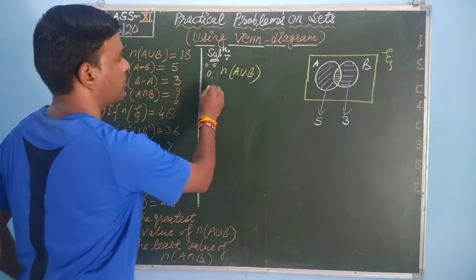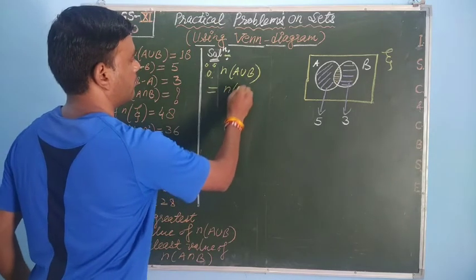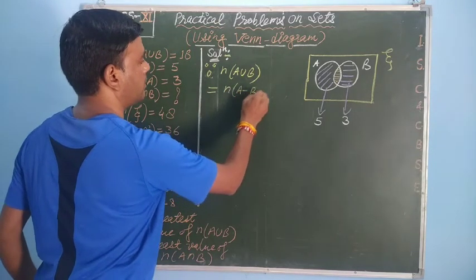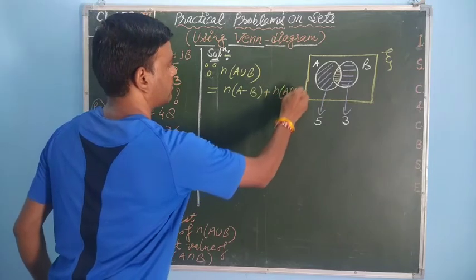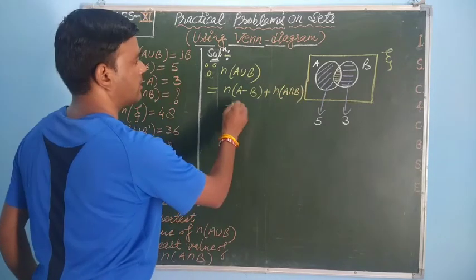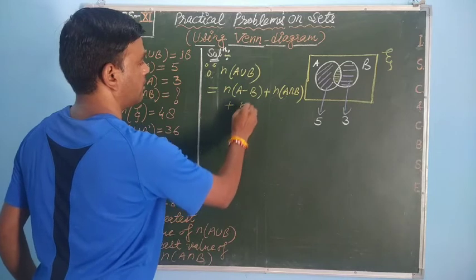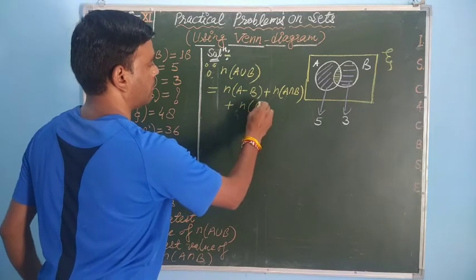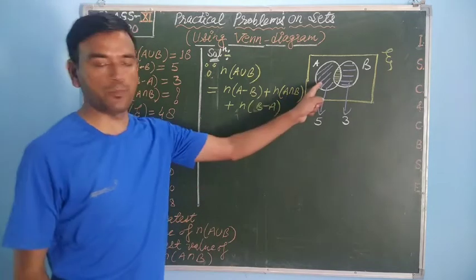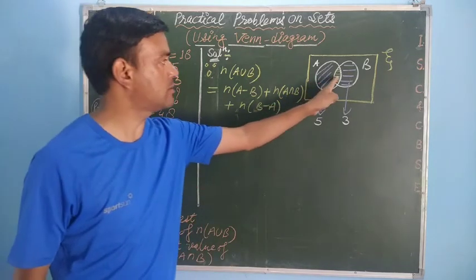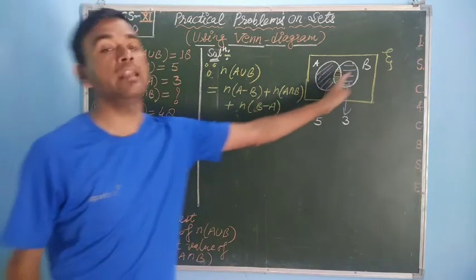So A union B you can write as n(A minus B) plus n(A intersection B) plus n(B minus A). It means the sum of these 3 portions I have shaded here. This plus this is equal to n(A union B).